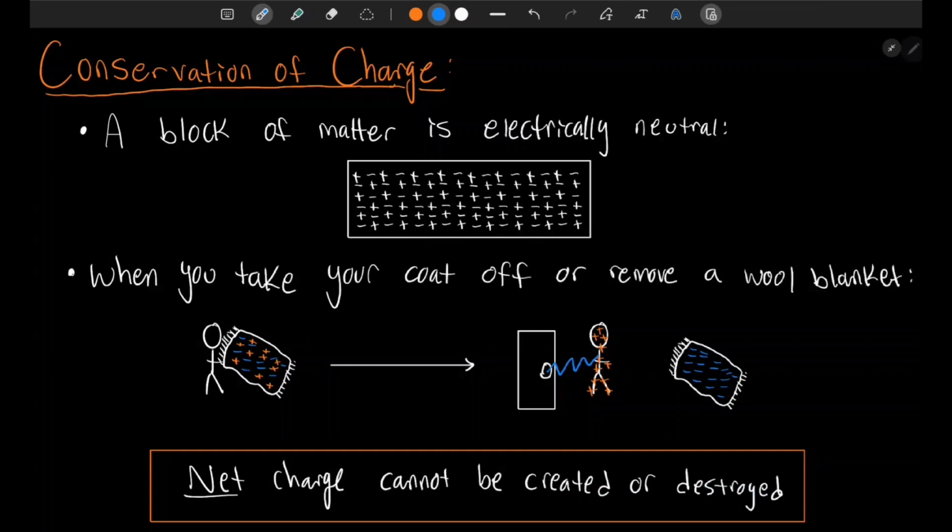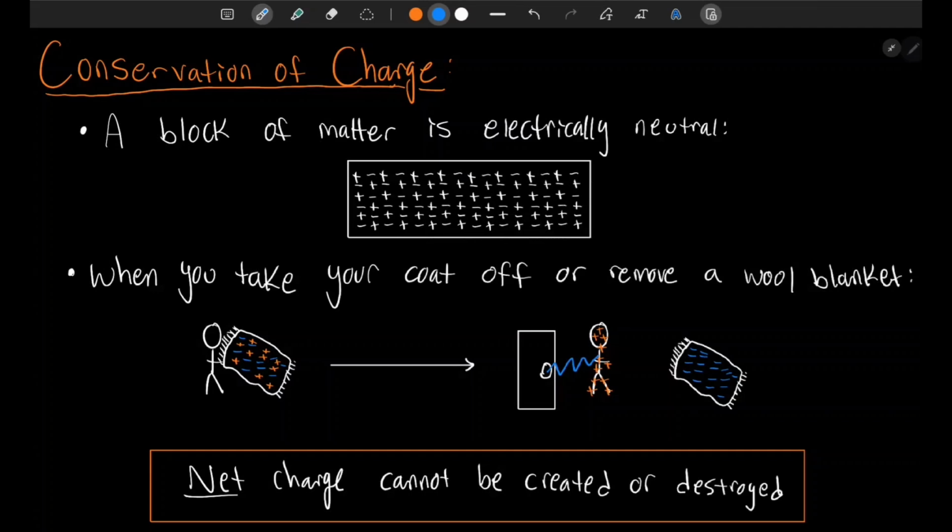Now, we should probably elaborate on what this statement means. So, moving back for a minute, let's look at this first bullet point. So consider a block of matter, which is electrically neutral. What this means is if you have just a hunk of metal, if it's electrically neutral, if you zoomed into that piece of metal, you would see an equal number of protons and electrons.